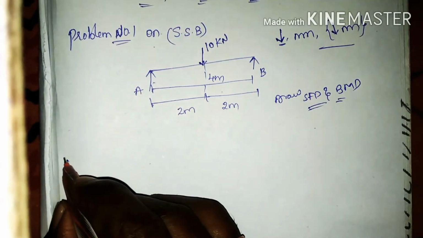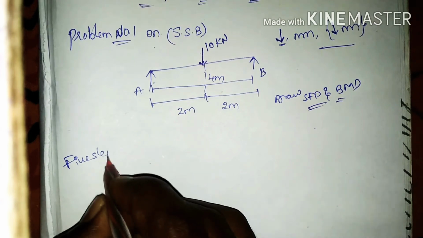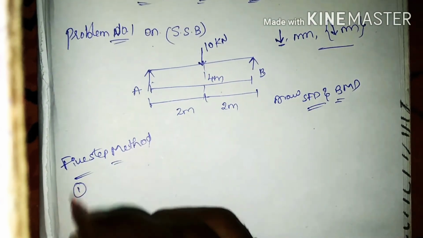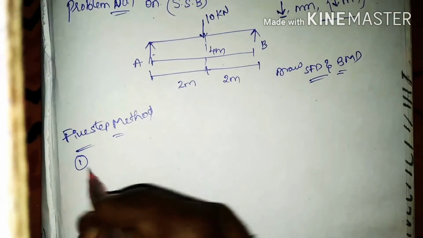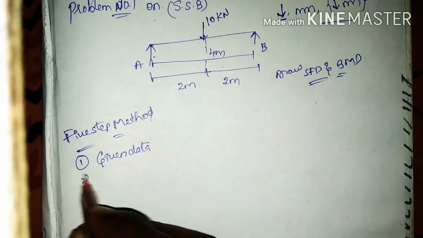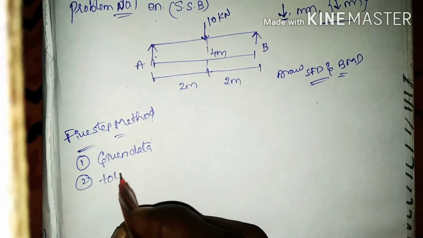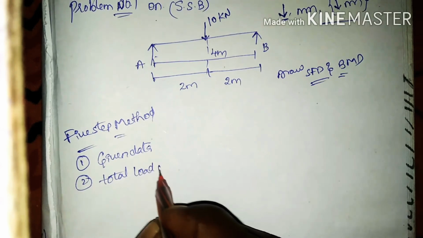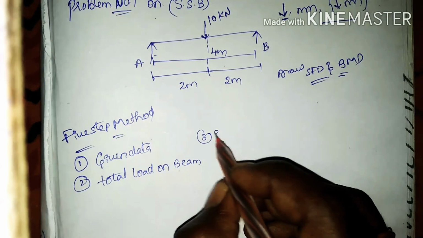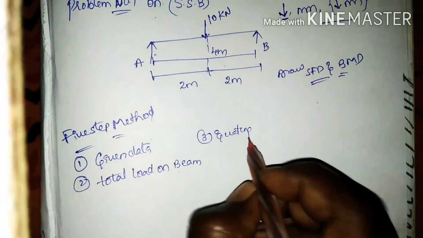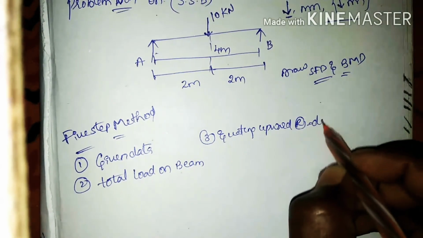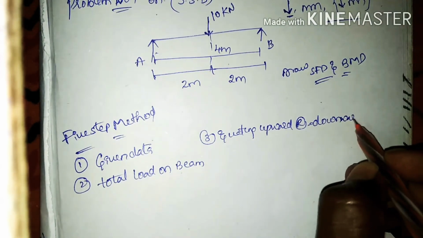Here, according to our 5-step method, number 1, given data. Number 2, total load on beam. Number 3, equating upward reactions equal to downward forces.